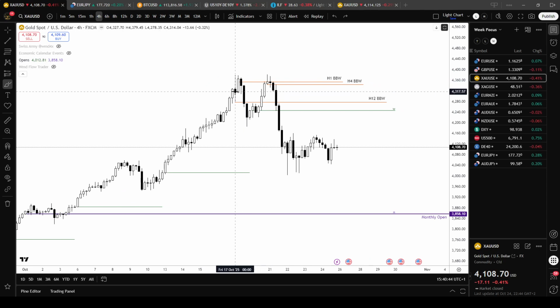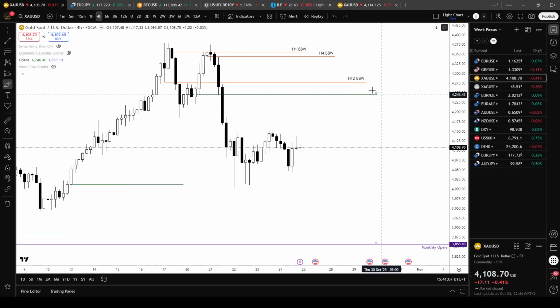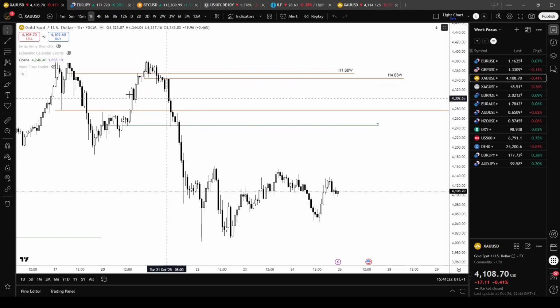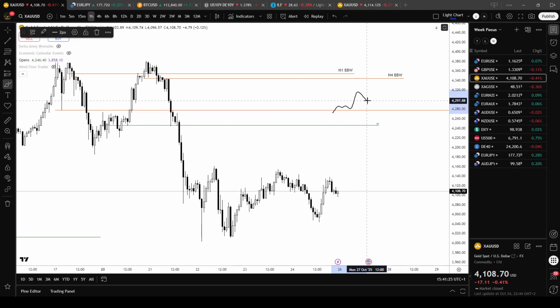So if gold has been so strong and now it starts to sell off, it might also be a signal that the dollar wants to gain some ground back. So the way I'm looking at gold is, I think it makes sense to be bearish for the next week, at least neutral, okay, until this level here is reclaimed, okay.